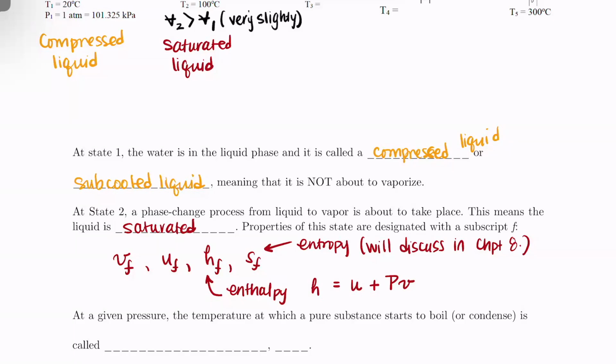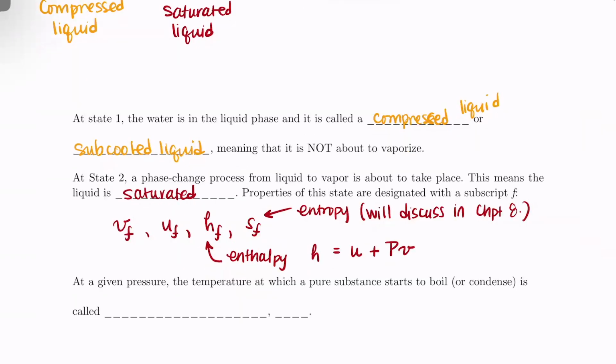Okay. And here it's also worth noting that terminology wise, at a given pressure, the temperature at which a pure substance will start to boil or condense, if you're going in the other direction, is called the saturation pressure.